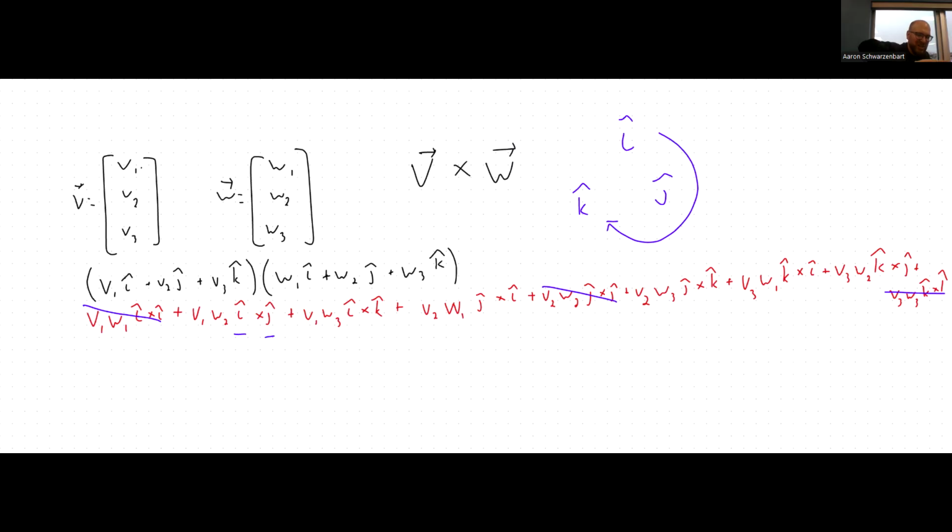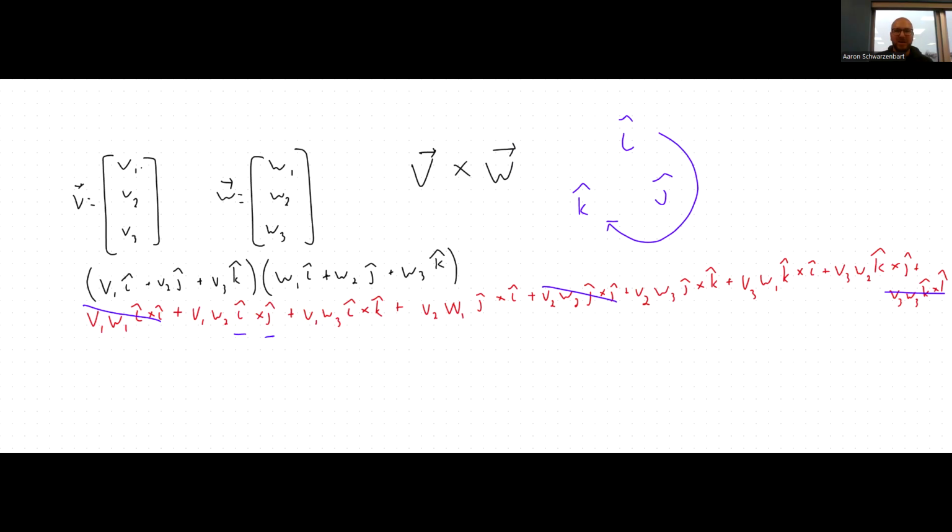If you do j cross i, start with your hand y-axis, positive. Turn towards positive i. You've got to flip your hand upside down to do that. Negative k. That is the right-hand rule. It's weird.